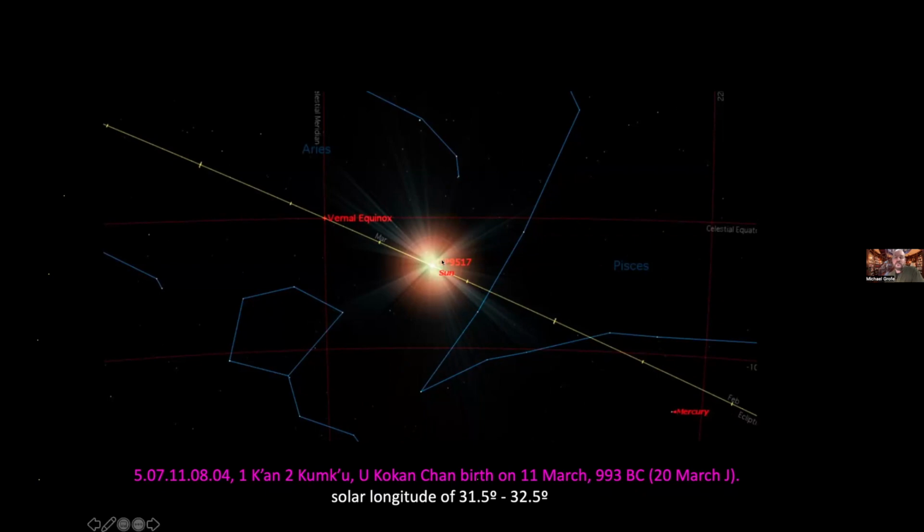And it corresponds, actually, I often put a tag on a particular dim star that is directly behind the sun, this is before I knew about calculating solar longitudes, as a way of really seeing the repetition of these particular points in the sky using astronomy software. You can notice that the position of the vernal equinox is just a little bit past this point because this was in the 11th of March. And the vernal equinox is, of course, what we just passed on, I believe, the 20th of March or 21st of March.